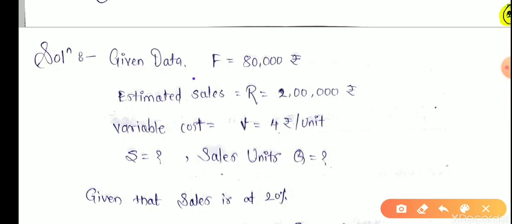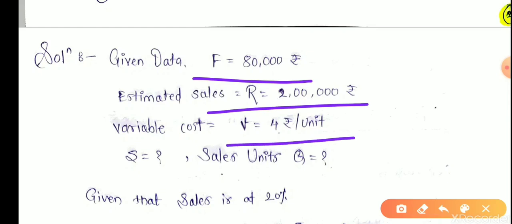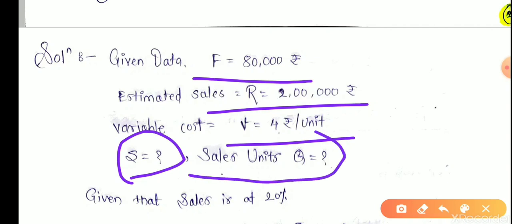Given data: F is the fixed cost, 80,000 rupees; estimated sale R is 2 lakh rupees; variable cost V is 4 rupees per unit. We are asked S, the selling price of every unit, and how many units you have to sell to achieve the 2 lakh rupees estimated sale.